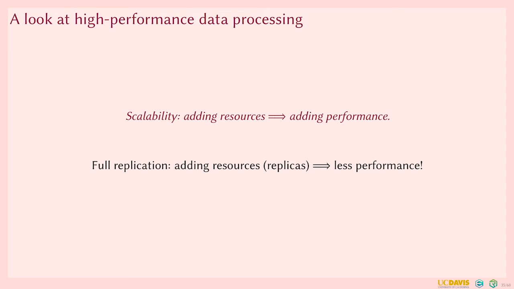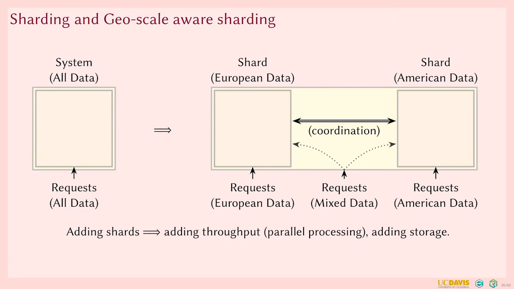Of course, databases provide scalability in several ways, and a very popular way is by using sharding. So instead of having a single system that manages all the data, sharding proposes to split up the data, for example by region, and each shard maintains its own data and processes its own transactions.